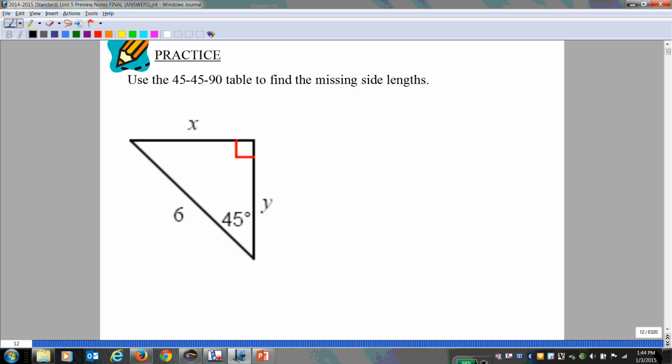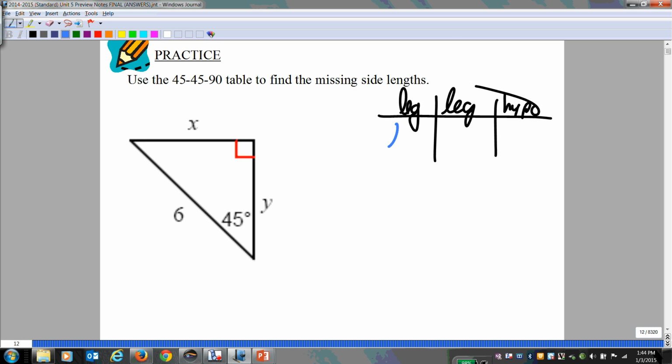All right, welcome back. So first, let's write our table out. Our 45, 45, 90 table looks like this. Leg, leg, hypo. We know the legs are equal, and the hypo is whatever the leg is times square root of 2. It's times root 2.